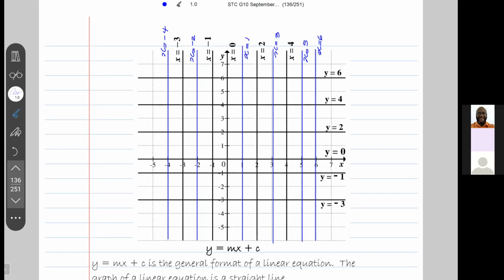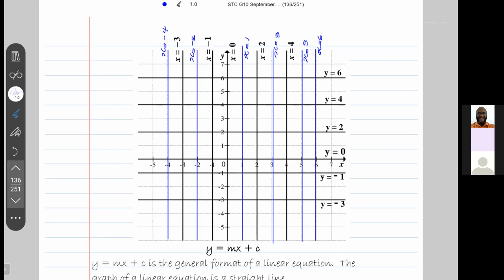Yes, Uncle. Guys, please note, the y-axis is a special name that is given to the line x is equal to 0. The equation of the line is actually x is equal to 0, but it is given a special name, the y-axis. The vertical line x is equal to 0 is called the y-axis. Let's let that sink in.